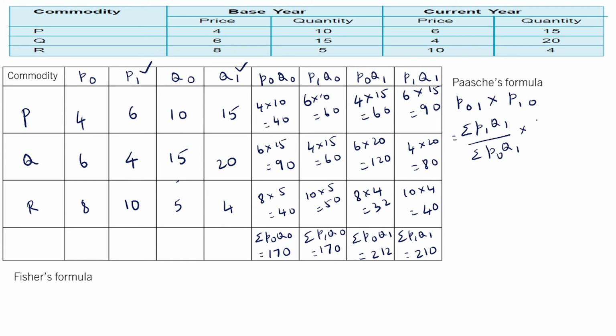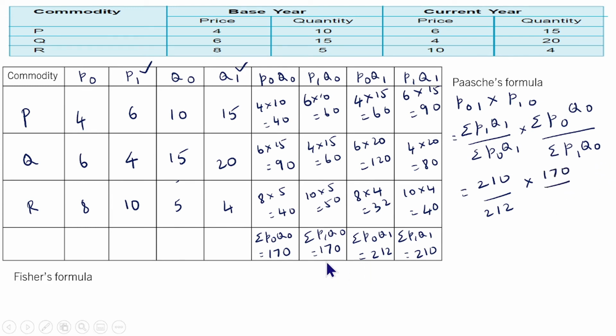So it will be summation P0 Q0 upon summation P1 Q0. So this is equal to 210 upon summation P0 Q1, we have it here, it is 212, into summation P0 Q0, we have it here, 170, upon summation P1 Q0, we have it here, it is again 170.